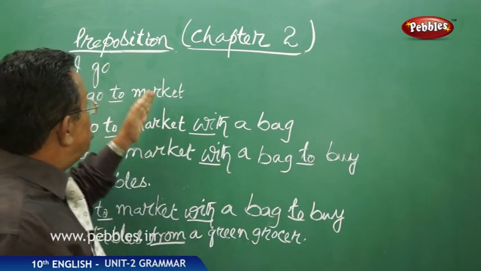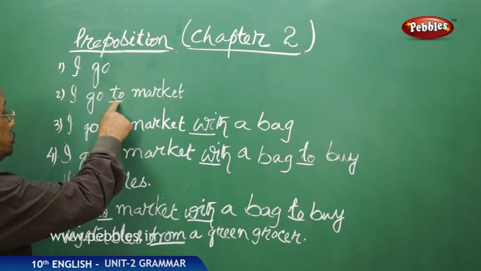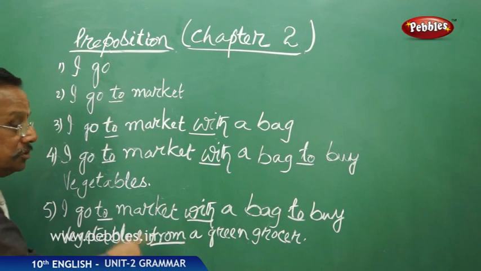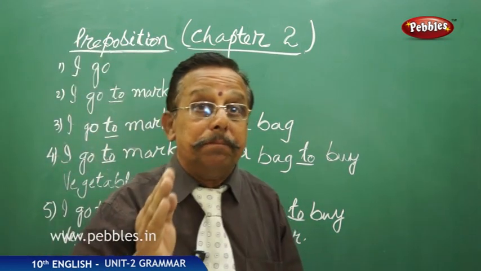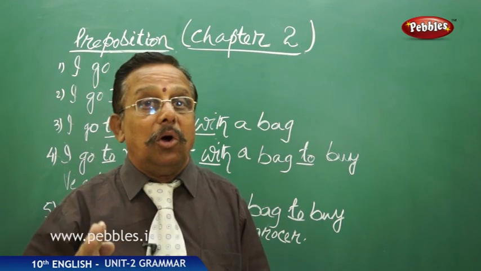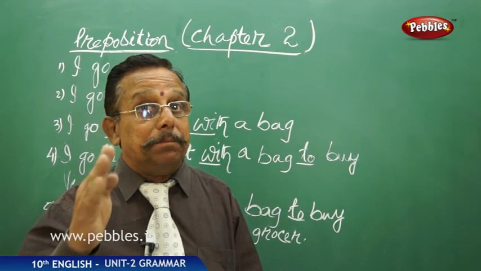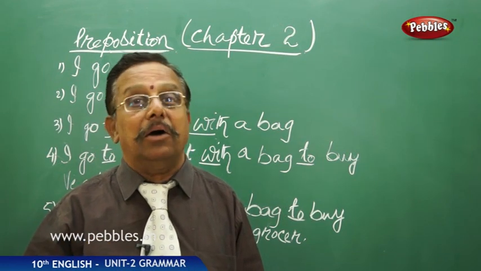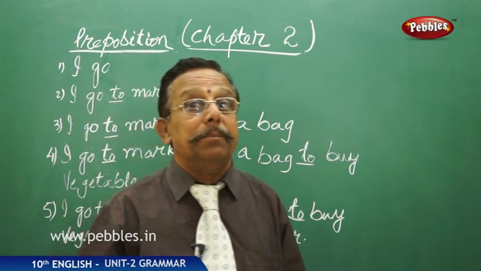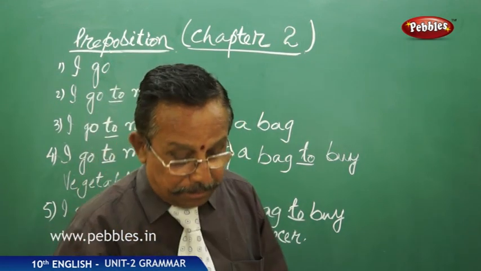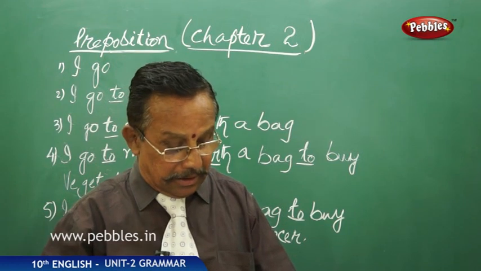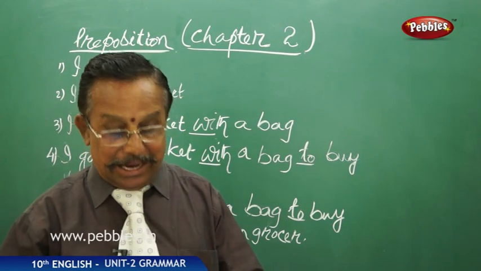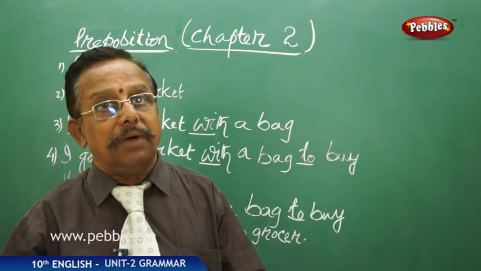Now, these prepositions, that is "to", "with", and again "from", three I have used here. These are called simple prepositions. So, when I say simple preposition, do we have compound prepositions? Yes, we have. So, how many types of prepositions do we have? Number one is simple prepositions. Examples are at, by, in, from, on, of, off.